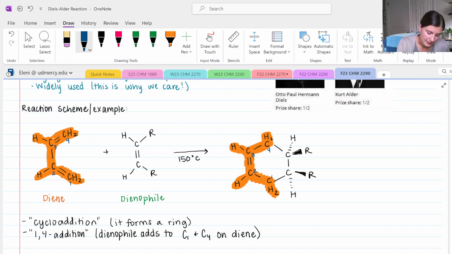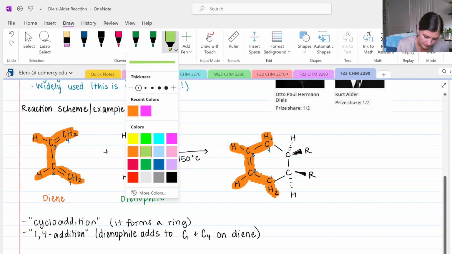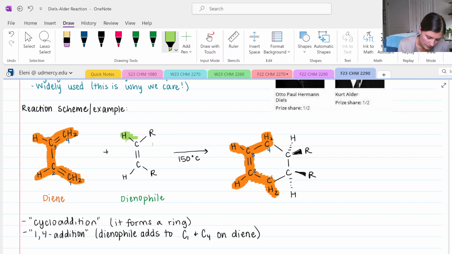Now the dienophile, we have 2 carbons bonded to each other, each carbon bonded to an R group and a hydrogen. Here we have that part of the molecule now in the product.